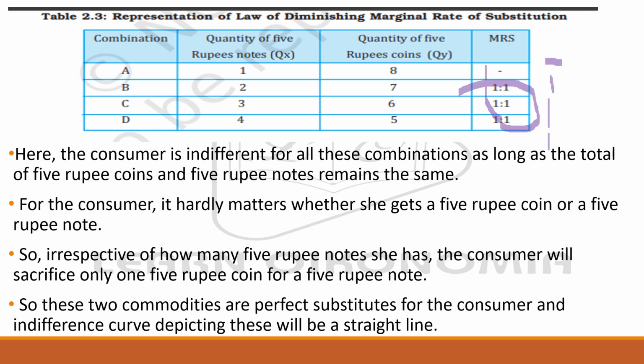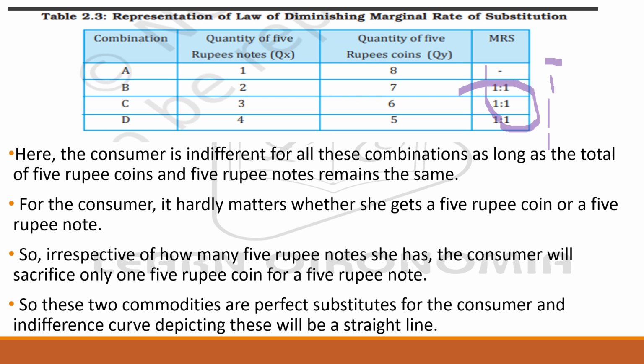So in all these cases you will be getting 1. That means the consumer would be indifferent for all the combinations as long as the total of 5 rupee coins and 5 rupee notes remains the same. Here QX means 5 rupee notes and here it means 5 rupee coins.